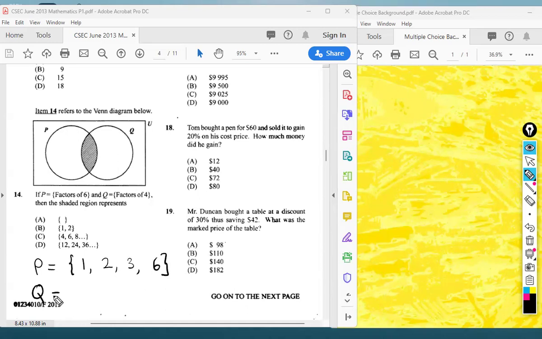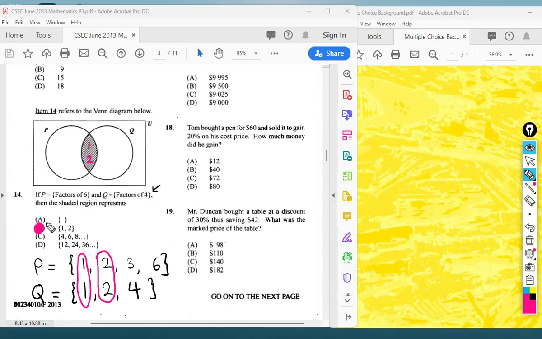What are the factors of Q? The factors of 4: 1 could go into 4, 2 could go in, and 4 could go into 4. What's common between the two? Both of them share a 1 and share 2. So 1 and 2 would live in the common region, the intersection region. So the answer for that one is B.